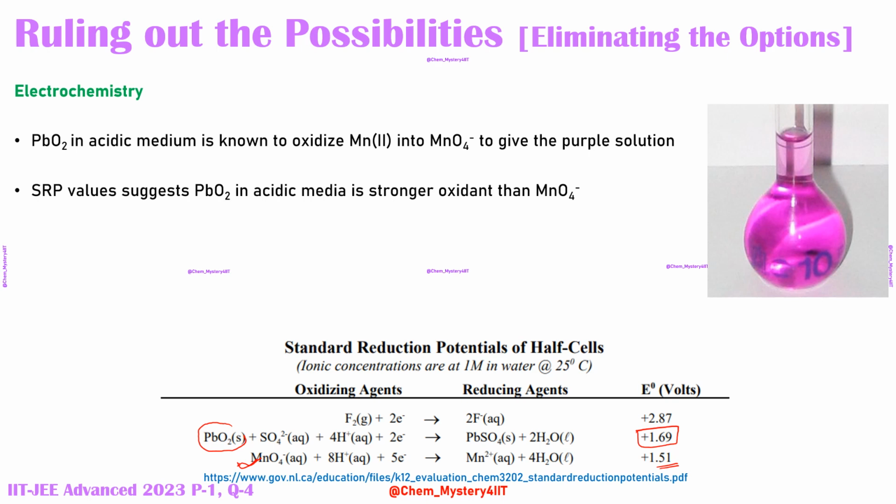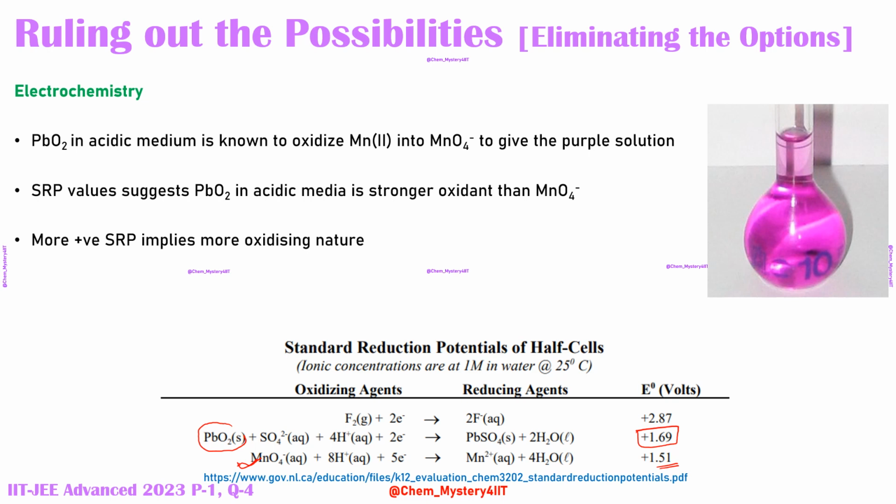So the reaction is going to lie in favor of lead dioxide oxidizing Mn2+, converting it into MnO4-. In the sense, a stronger oxidizing agent can generate a weaker oxidizing agent if everything remains in the aqueous medium, with no precipitation equilibrium going against this, no evolution of gas going against this, and no change in concentration contradicting the values of the SRPs.